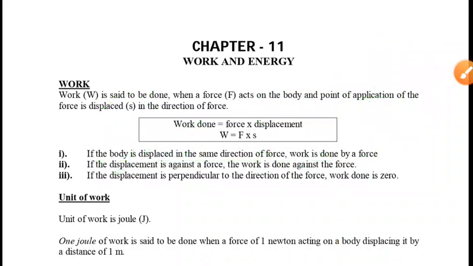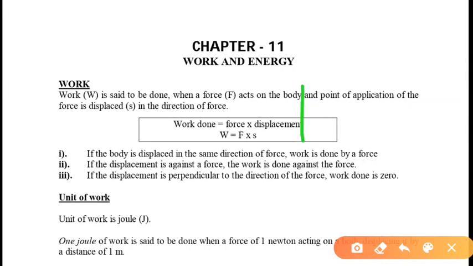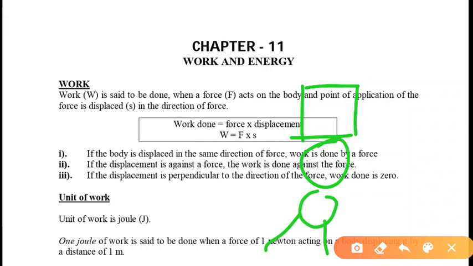Next is zero work. Work done will be zero in which case? Suppose one body is kept over your head, and you are going anywhere, carrying it over your head.